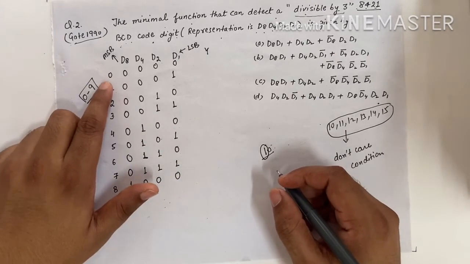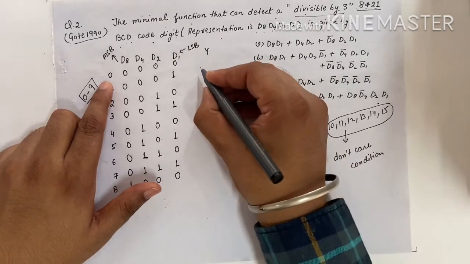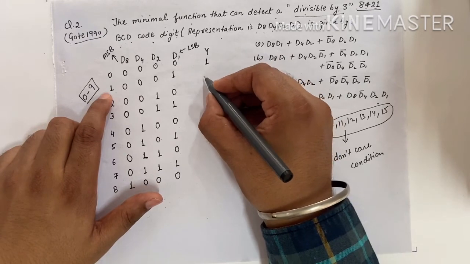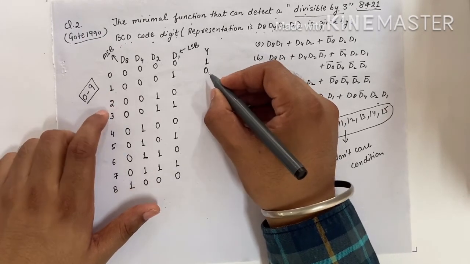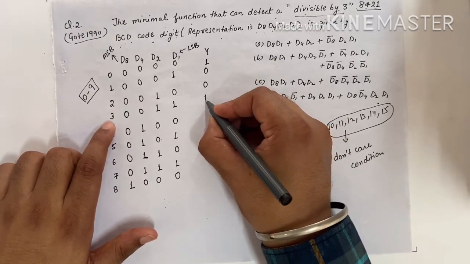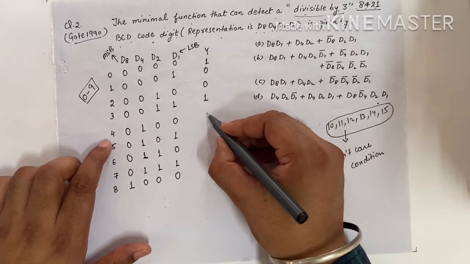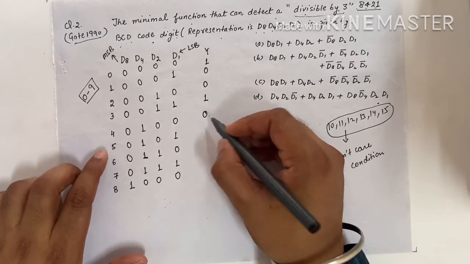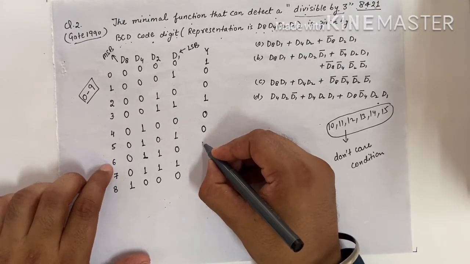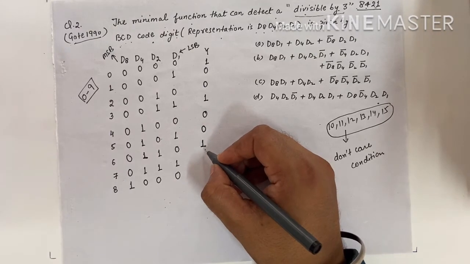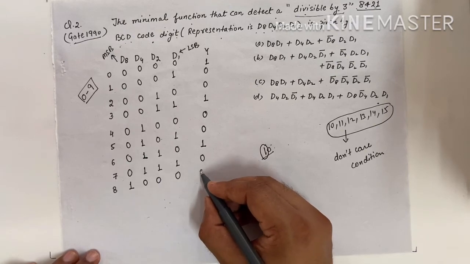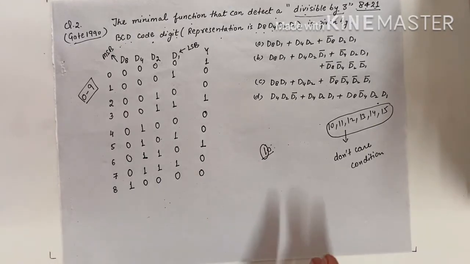Now 0 is divisible by 3, then the output is 1 only. 1 is not divisible by 3, then the output is 0. 2 is not divisible by 3, so 0. 3 is divisible by 3, the output is 1. 4 is not divisible by 3, then the output is 0. 5 is not divisible by 3, 0. 6 is divisible by 3, so the output is logic 1. 7 is not divisible by 3, so 0. 8 is also not divisible by 3, so 0. In this way we can make the output.